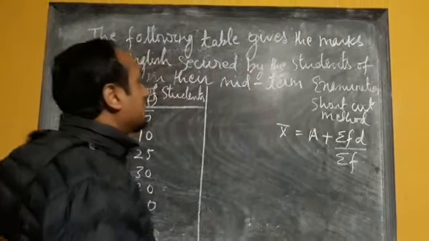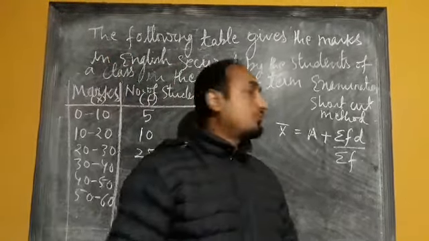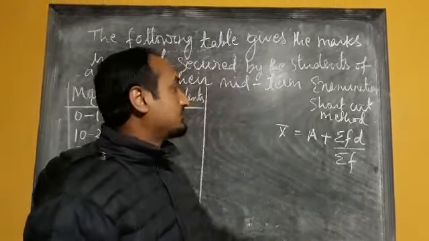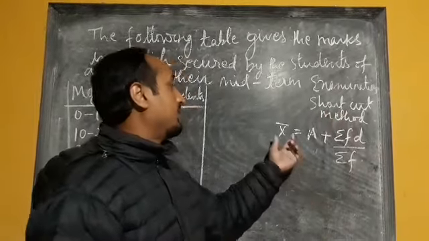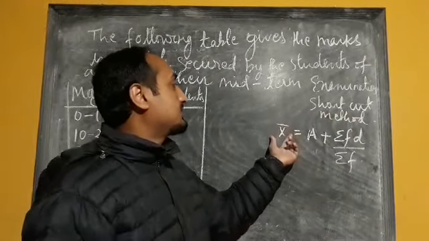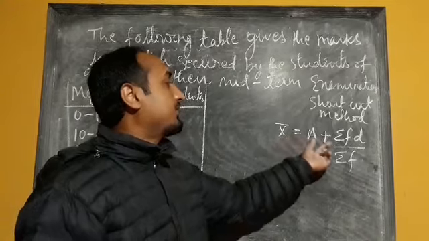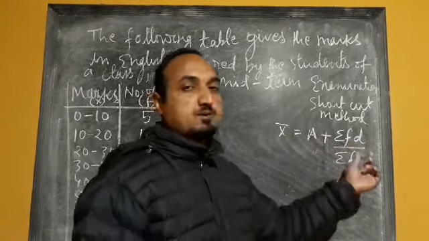The same question I am going to calculate by using the shortcut method, and the formula for the shortcut method is x bar equals a plus summation fd divided by summation f.